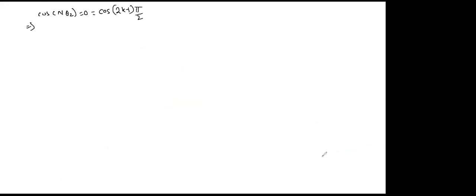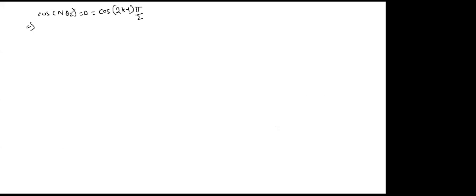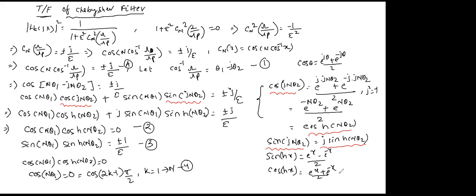Sorry, it is theta 1, not theta 2. That is n theta 1 equals (2k minus 1) pi by 2, or simply theta 1 equals (2k minus 1) pi divided by 2n. Okay, that we will keep. Let this be your equation 5.